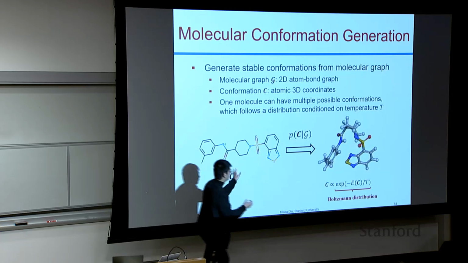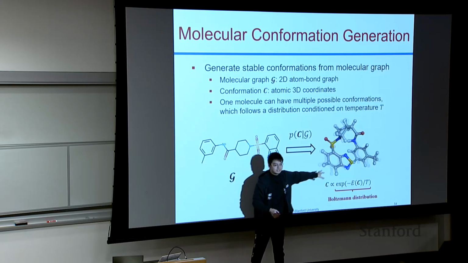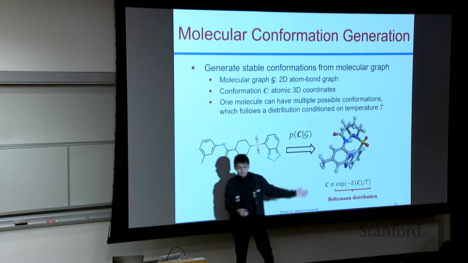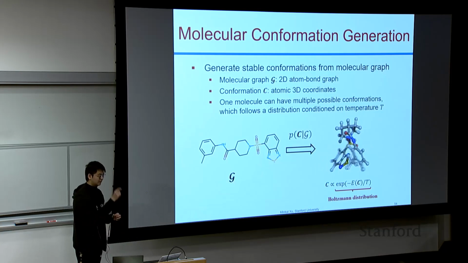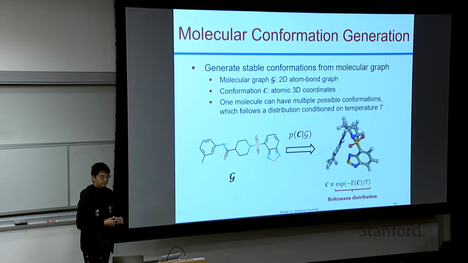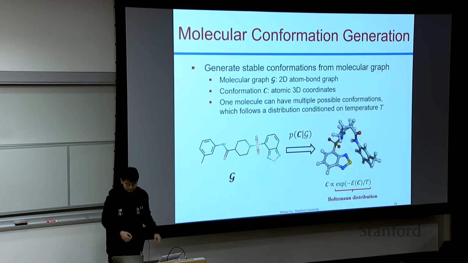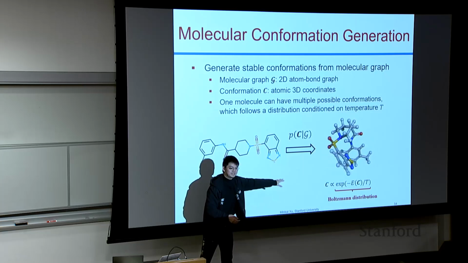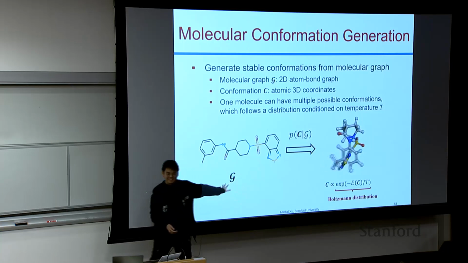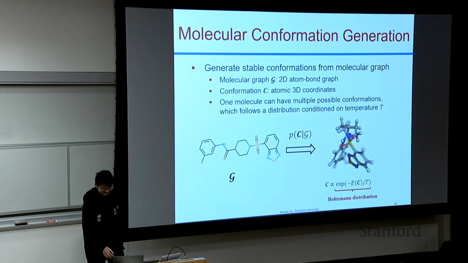And now we concentrate on 3D, but it is actually still a graph representation, where for every node we have additional coordinates. But the task is 3D generation. That's all I want to say for this slide.